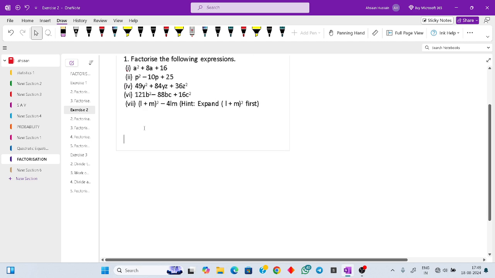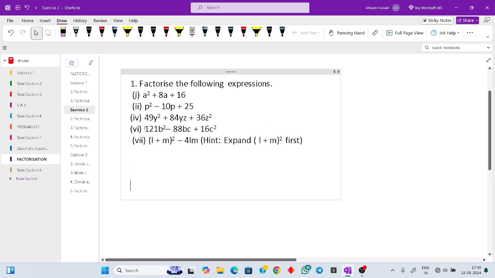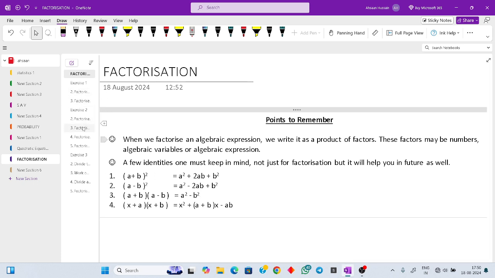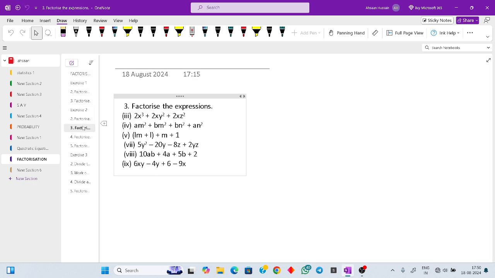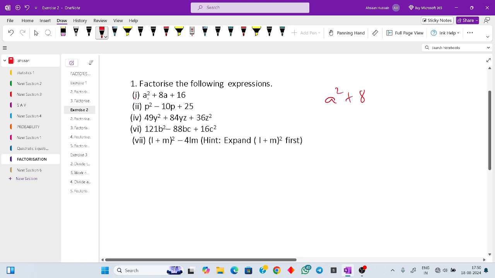Okay. Now, in this question, you have to apply some identity. This one, a plus b whole square. Let's do it, then you'll understand. a square plus 8a plus 16.